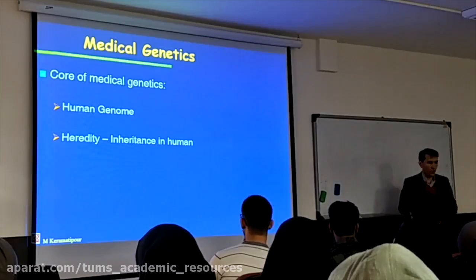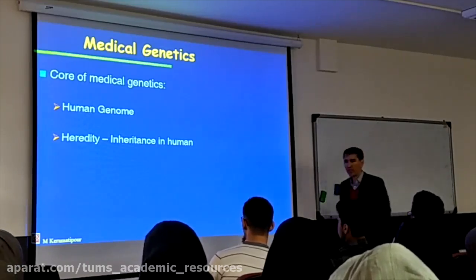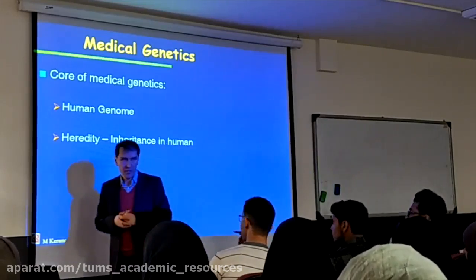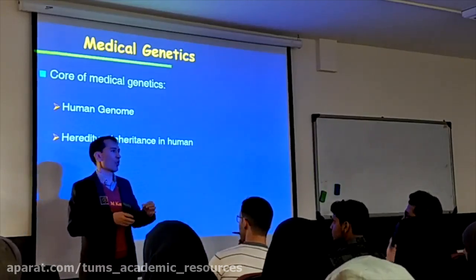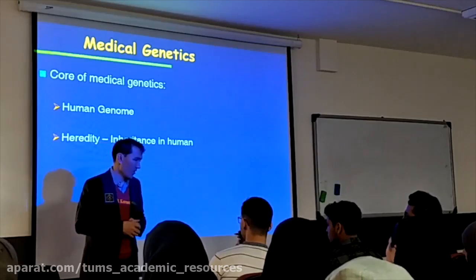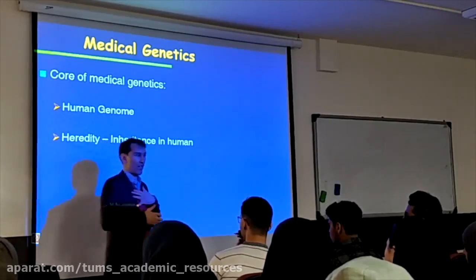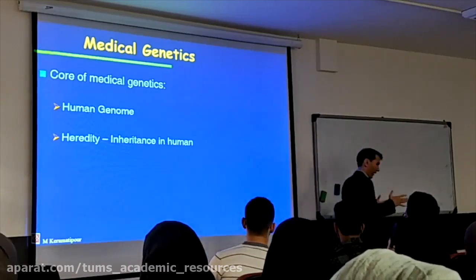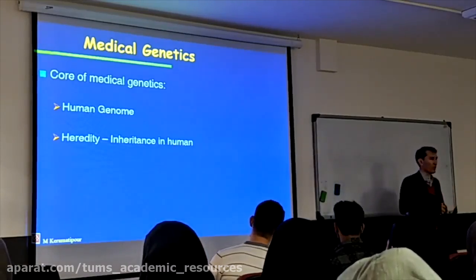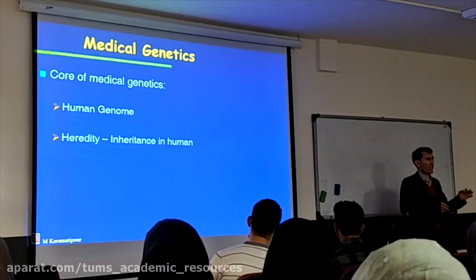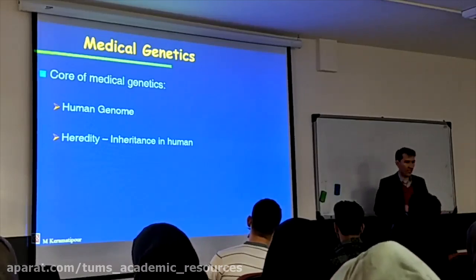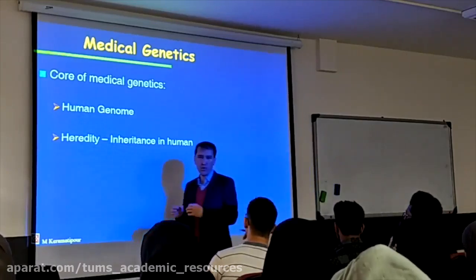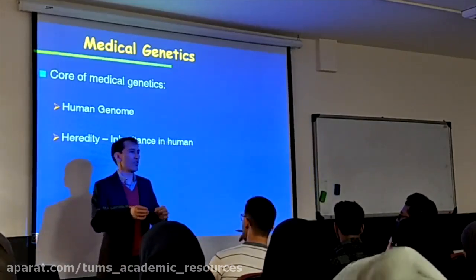So the first step for every geneticist is to know the organ anatomically. A cardiologist should first know the anatomy of the heart. Am I right? A thoracic surgeon should know the anatomy of the thorax well before being able to do anything. This is exactly what applies to geneticists. If you want to know genetics, first you should know the anatomy of the organ, and that organ is the genome.